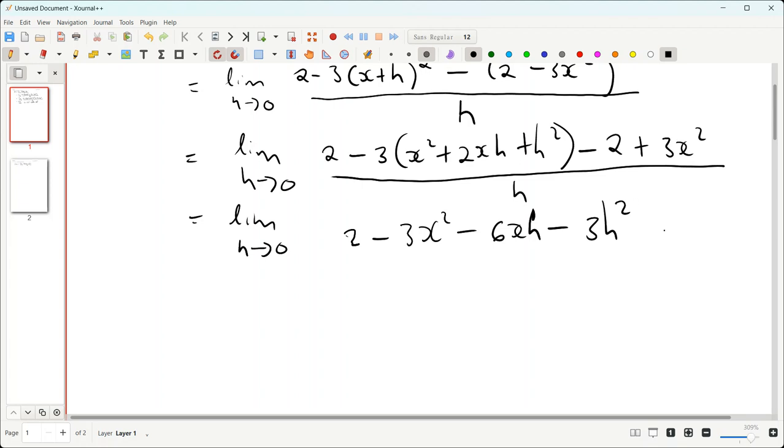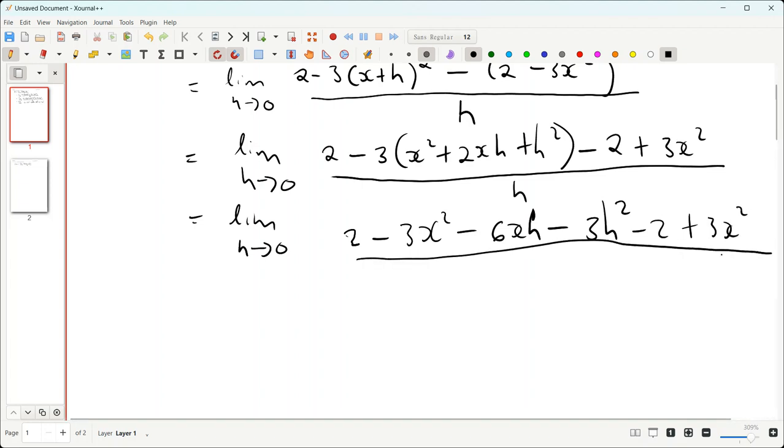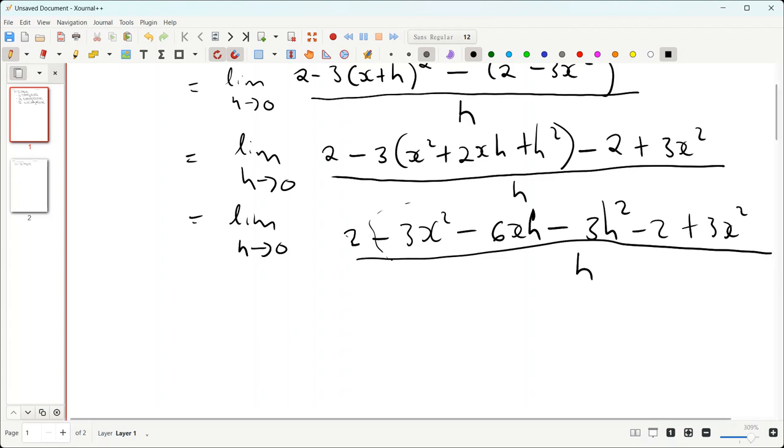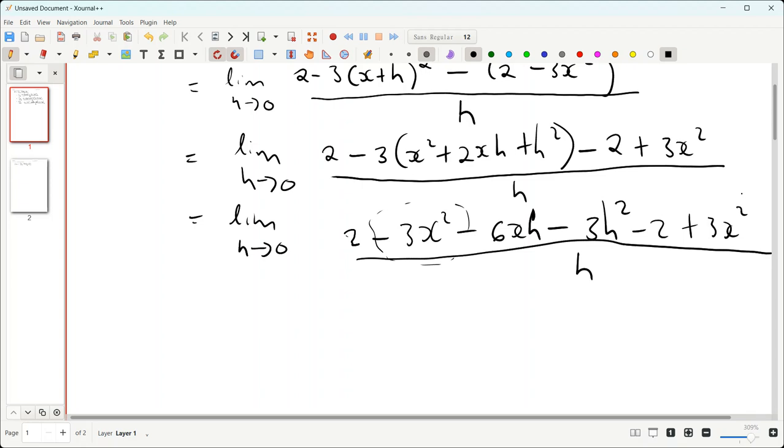So we have minus 2, and then plus 3x squared, and then we divide by h. In our numerator, we do have like terms. The like terms that we can see here are negative 3x squared, and also positive 3x squared here. They cancel because it's negative 3 and positive 3.